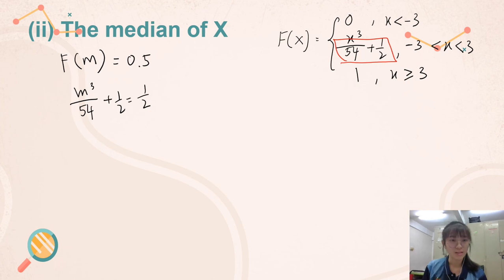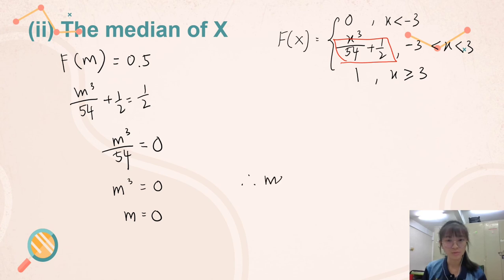And we will get m cubed over 54 is equal to 0, because 1 over 2 minus 1 over 2 on the left hand side will equal 0. So we get m cubed is equal to 0, m is equal to 0. So our median will definitely be 0. Is it easy, right?